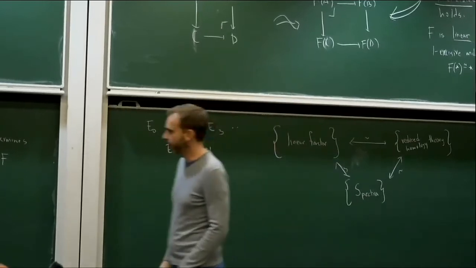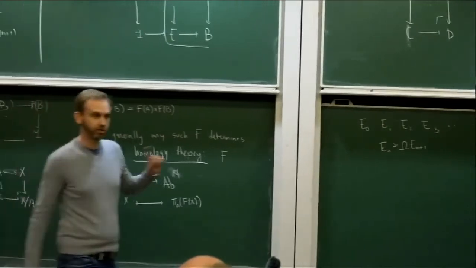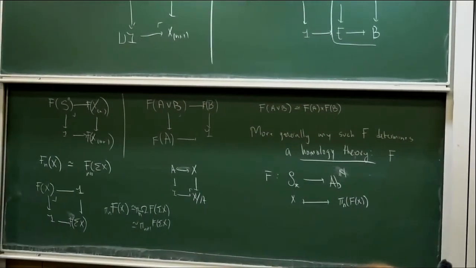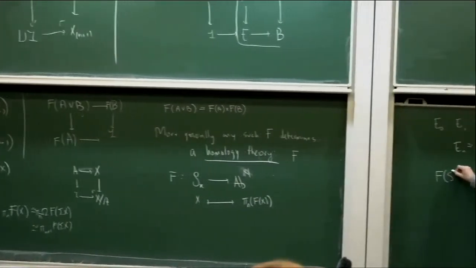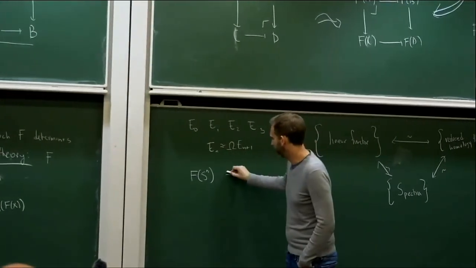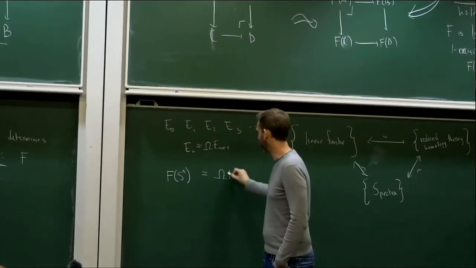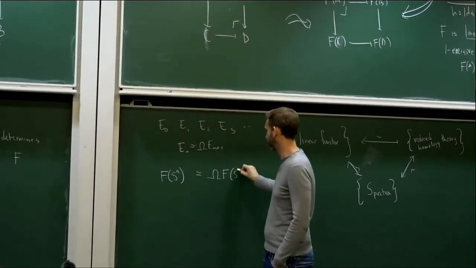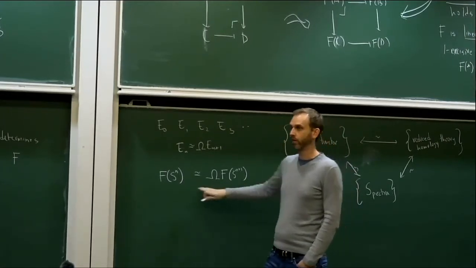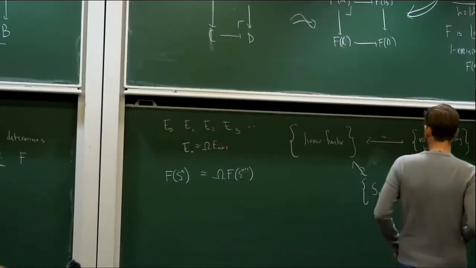And actually, this equation tells us that we can extract from any linear functor a spectrum, because I'm just going to look at the value of f on Sn. My equation tells me that f of Sn, which is going to be my spectrum object in level n, is loops on f of the suspension of things, but that's just Sn plus 1. So I get exactly this equation: a sequence of spaces, each of which is equipped with an equivalence to the loop space on the next. This is what people call a spectrum.